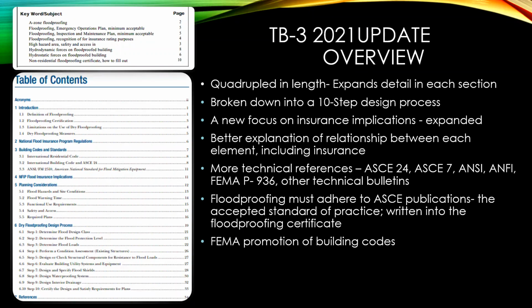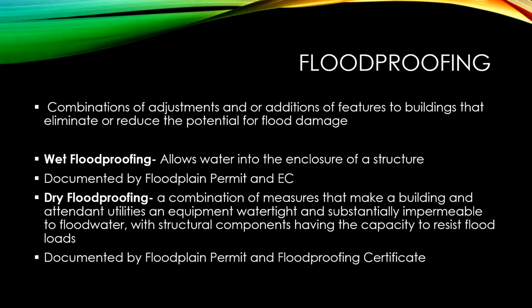And then there's also FEMA P-936 that talks about floodproofing designs. It's written into the floodproofing certificate that you'll comply with those. And it also fits in with FEMA's promotion of building codes, because ASCE 24 and ASCE 7 work with the International Building Codes, or IBC, and they are more stringent than the NFIP in most areas. There's only 2 really small exceptions.